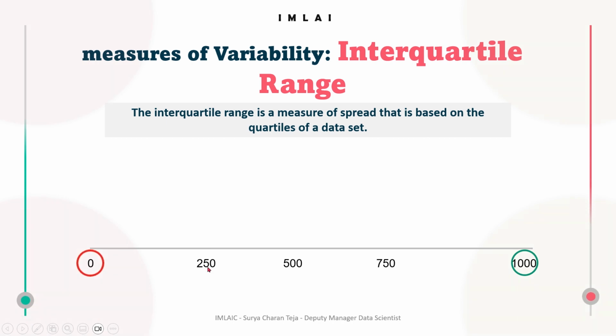The first part is 0 to 250, the second is 250 to 500, then 500 to 750, and 750 to 1,000. So in total we got the four quartiles: Q1, Q2, Q3, Q4. The median is a quartile and divides the cases in half.